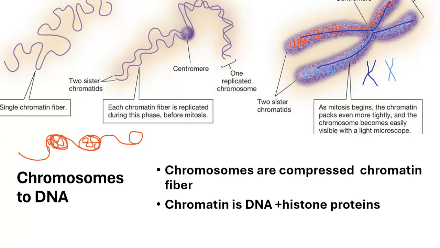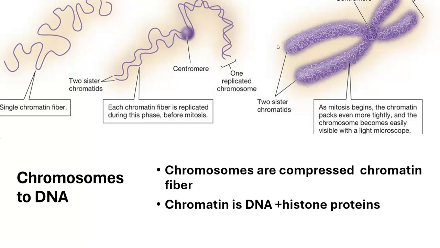So a replicated chromosome consists of two sister chromatids. The sister chromatids are copies of each other, and we can condense those sister chromatids into a chromosome. And the region where the sister chromatids are connected to each other is called the centromere. It's kind of the waistline of the chromosome.